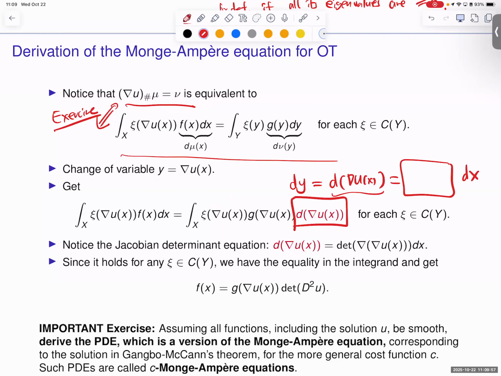You have this mapping, the gradient of u. If this is T, then dT(x) is the same as the Jacobian determinant of T times dx. So you can put that Jacobian determinant there.